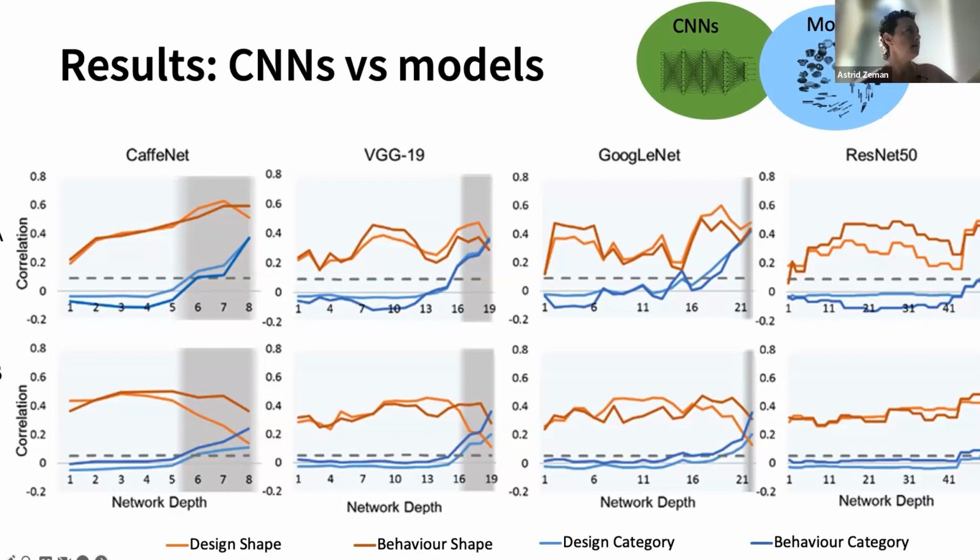And you can see that shape information is quite high for most layers until the very end where it drops, which is more evident in dataset B than A. And the category information goes above the level of significance, which is the dotted line, in the later stages of processing for all networks. Okay.